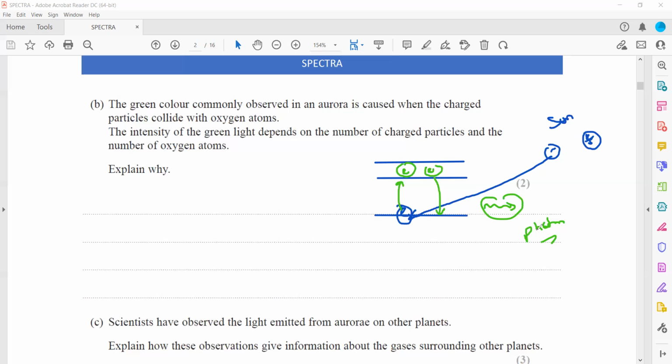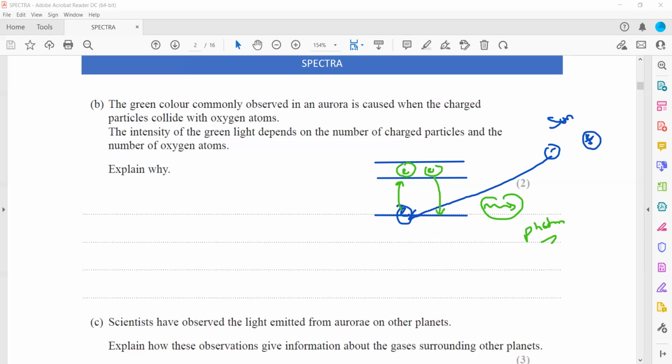The question is why, if the number of charged particles entering the atmosphere increases, or the number of oxygen atoms increases, we'll see more green color, or the intensity of the green color will increase.